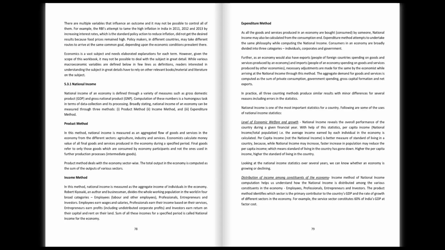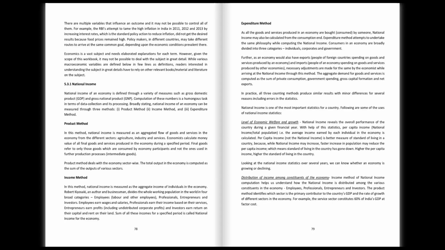Distribution of income among constituents of the economy. The income method of national income computation helps us understand how the national income is distributed among the various constituents in the economy: employees, professionals, entrepreneurs, and investors. The product method identifies which sector is the primary contributor to the country's GDP and the rate of growth of different sectors in the economy.